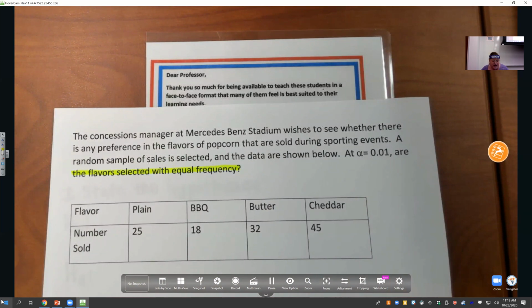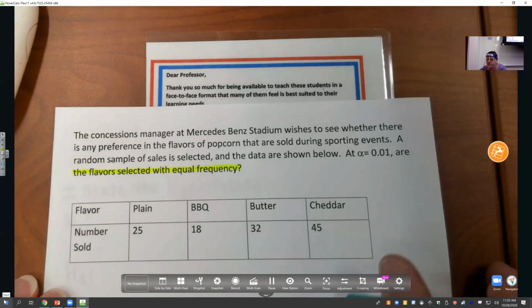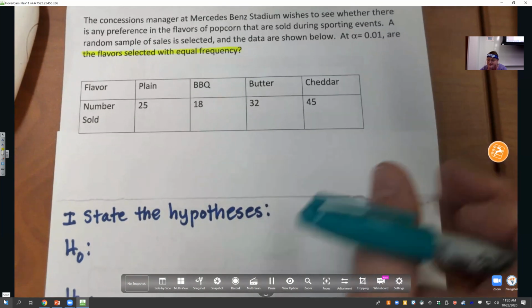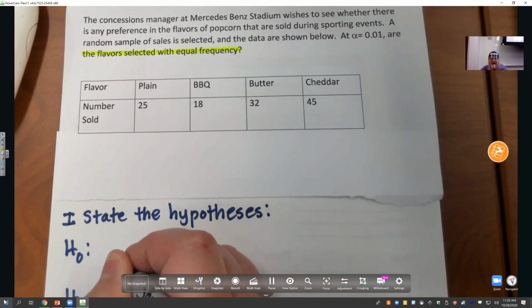Oftentimes with chi-square, because we're dealing with qualitative data, which is words, the hypothesis will be written in words, okay? So you won't see as many symbols. And there are different ways to write it.